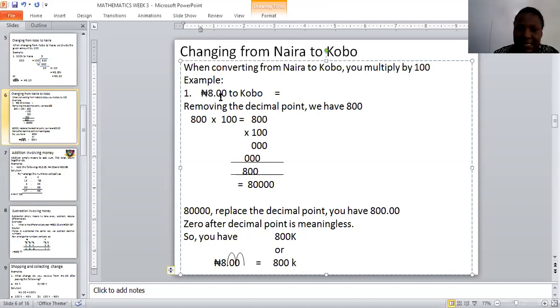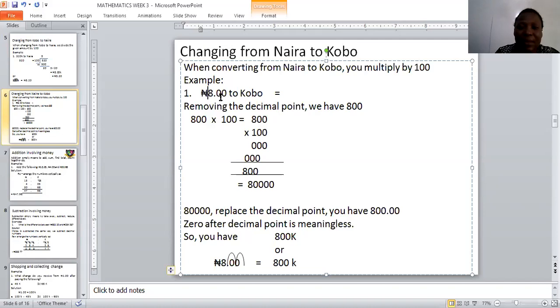In this type of figure, it's a decimal number, and to multiply a decimal number, you remember the rules? Do you? Great. You remove the decimal points.